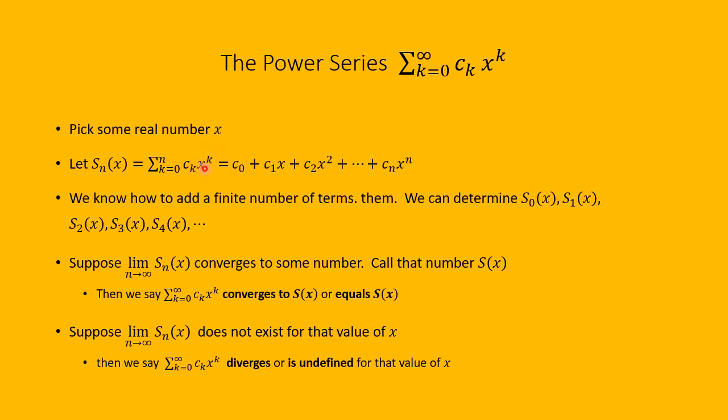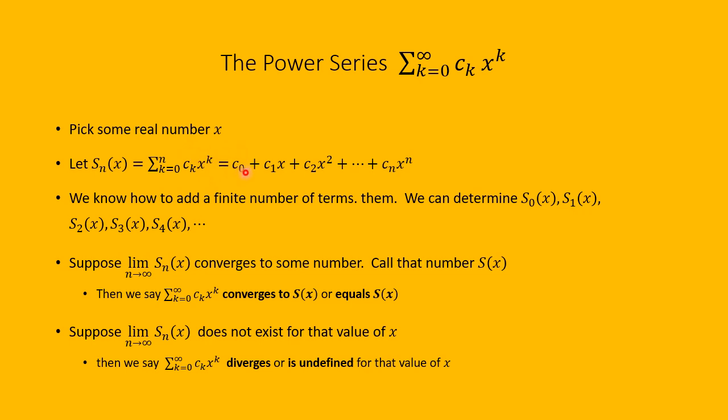But the slight fly in the ointment is, what happens if x equals 0? In that case, the 0th term here, the k equals 0 term, is going to be c sub 0 times 0 raised to the 0 power. When we talk about power series, we're going to make the assumption that for all values of x, when k equals 0, this k equals 0 term is just the constant c naught.